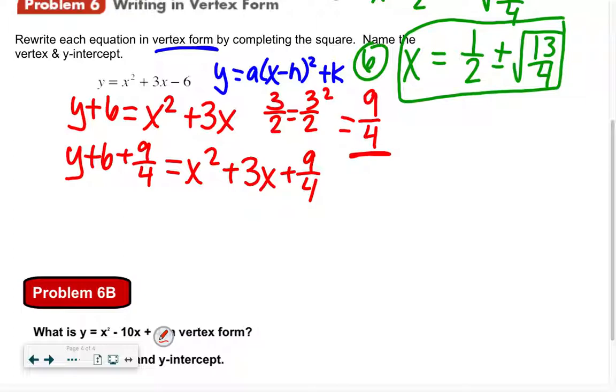Okay, let's simplify this. Y plus, let's see, we got 33/4 equals x. What number is going to go back here? Positive or negative? Yeah. Where did you get the 3/2 from? How do you know that? It's what I squared, yeah.